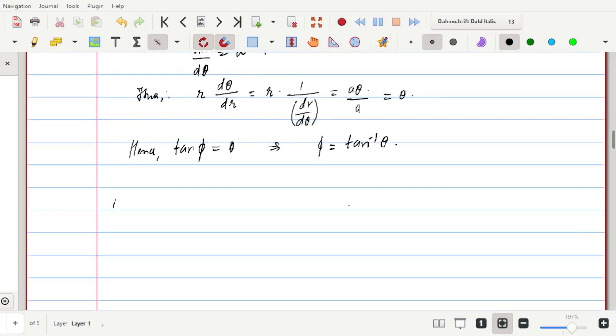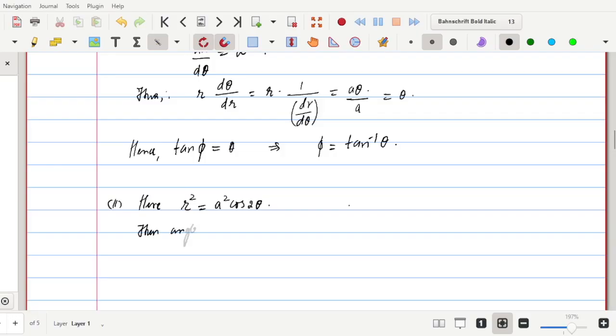Now similarly, let's take up the second part. Here we are given that r square is equal to a square cos 2 theta, and we need to find the angle between the radius vector and the tangent vector at theta equal to pi by 6.